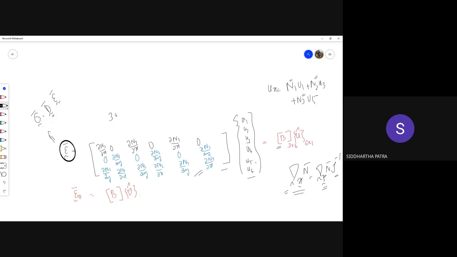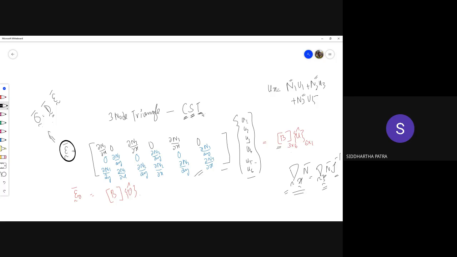Therefore, the three-noded triangle element is a CST element, a constant stress triangle or constant strain triangle. Okay. So, which is a very special situation.